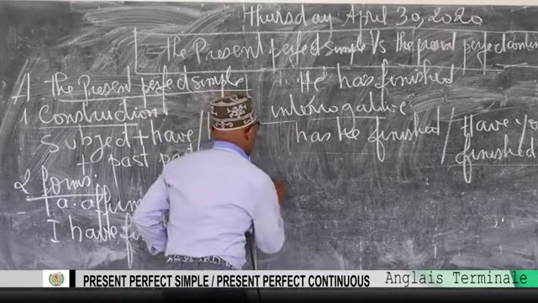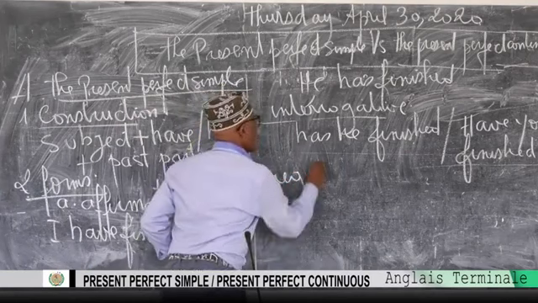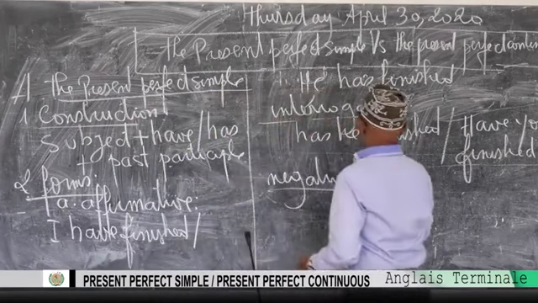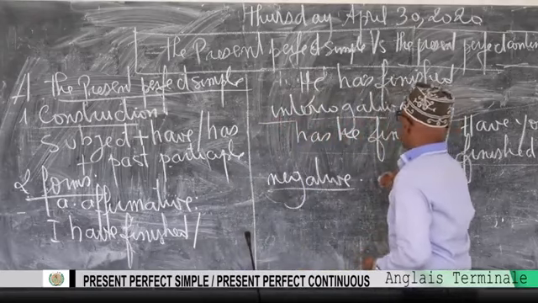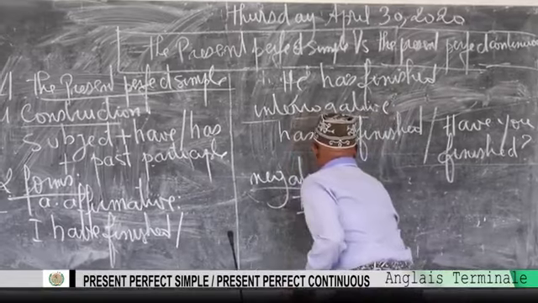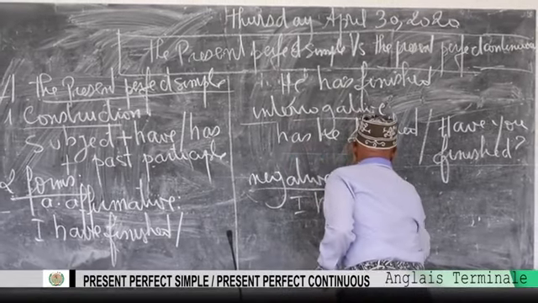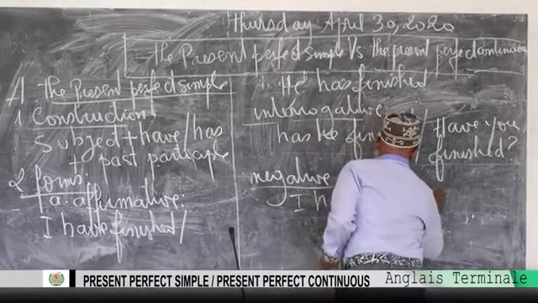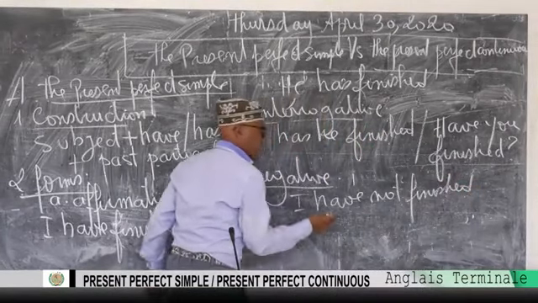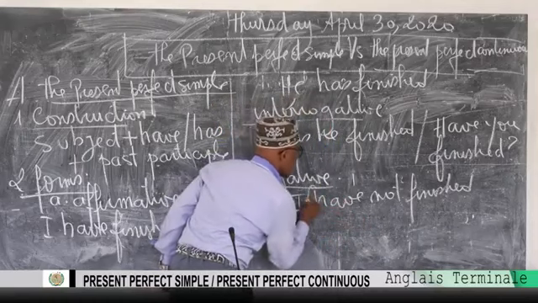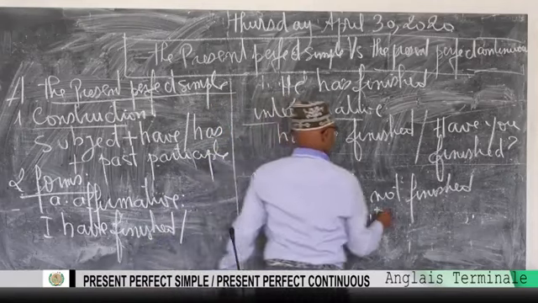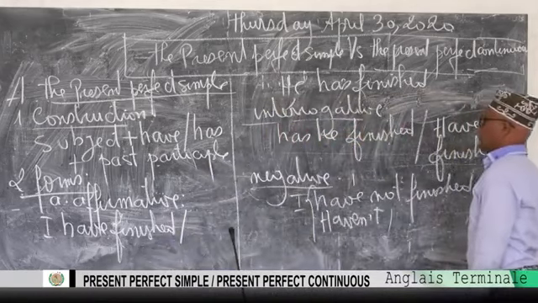And finally, the negative form. Very easy. Just to give you an example, you can say, I have not finished. Or in spoken English, you can also say, I haven't finished.